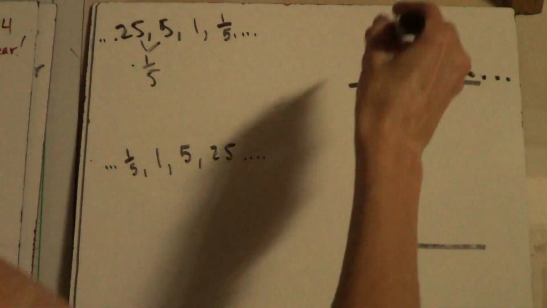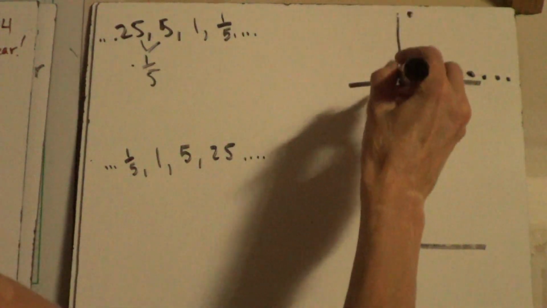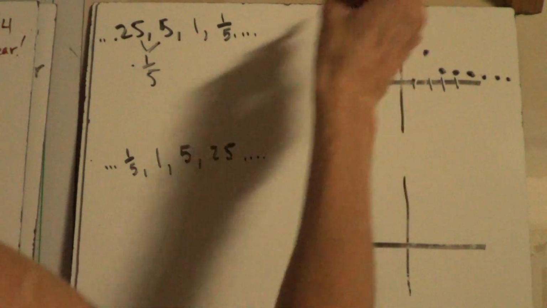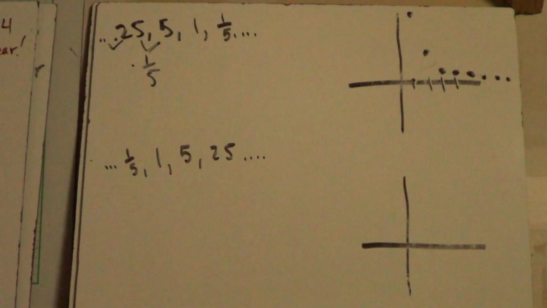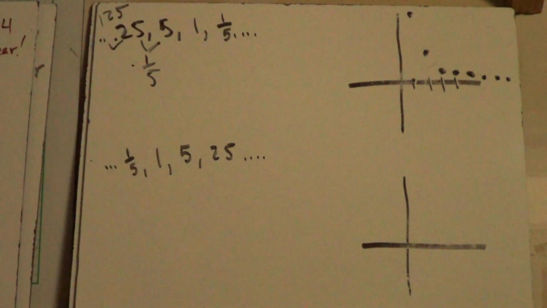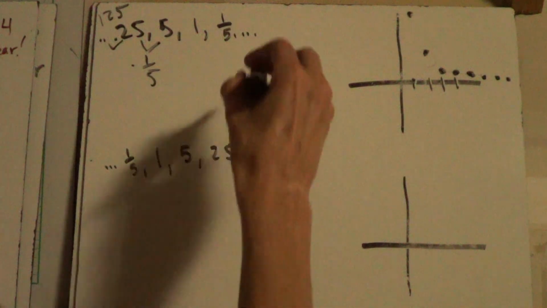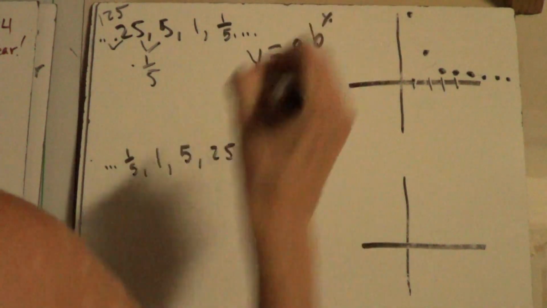I could find my y-intercept, and that would be 5 times 25, which would be 125, okay? Now I would like you to find y equals ab to the x.